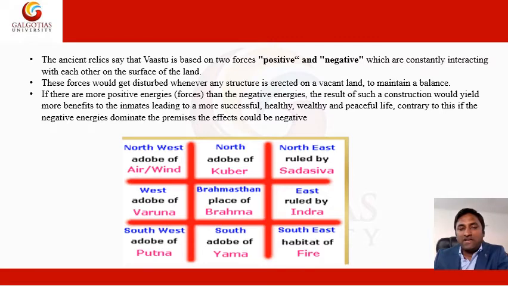So here the directions are associated with the direction gods, and if we place the parts of the building connected to these gods in the prescribed direction, we will definitely get positive energy, positive things.